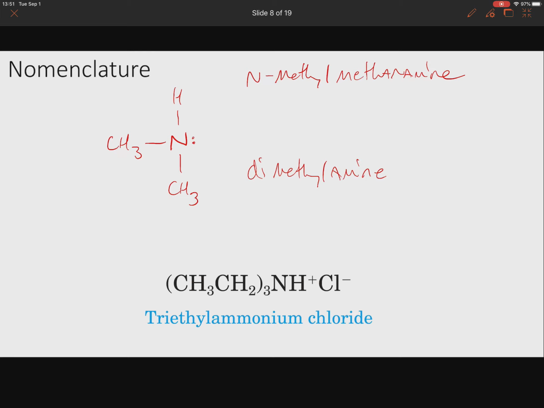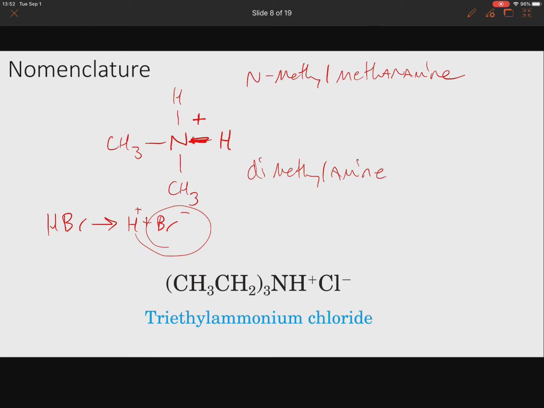So let's show what happens when this thing reacts with, let's say, an acid like HBr. Acids like to lose their hydrogen, and this nitrogen wants to gain it. So we're going to form a bond to hydrogen. That's going to make this positively charged, okay? And it's going to associate now with this bromine.